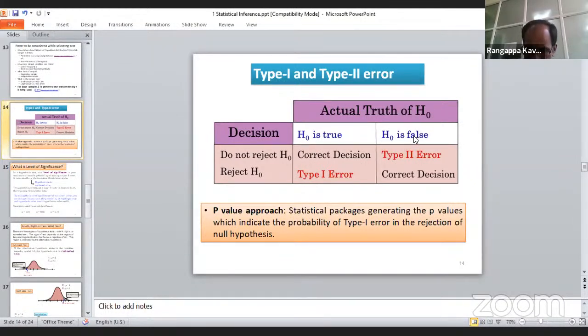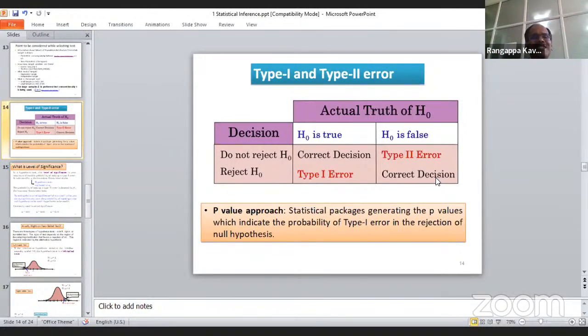If it is false but you are not rejecting it, you are committing type 2 error. And if it is false and you reject it, the decision is correct. So you may take the right decision, or you may commit type 1 or type 2 error. These are the possibilities in the hypothesis testing process.